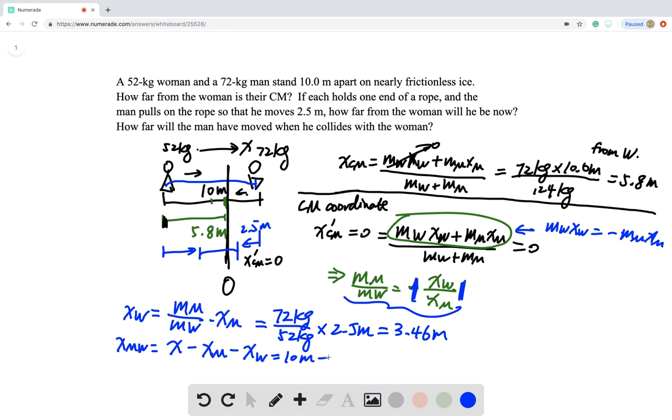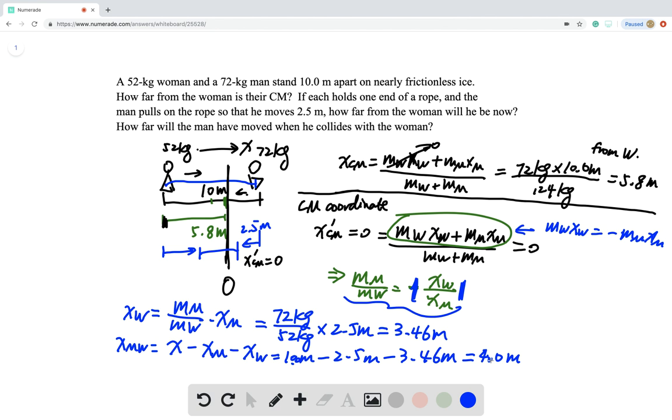So it's 10 meters minus 2.5 meters minus 3.46 meters. And again, we only need two significant digits here. So this gives us 4.0 meters as the distance after the man moves 2.5 meters.